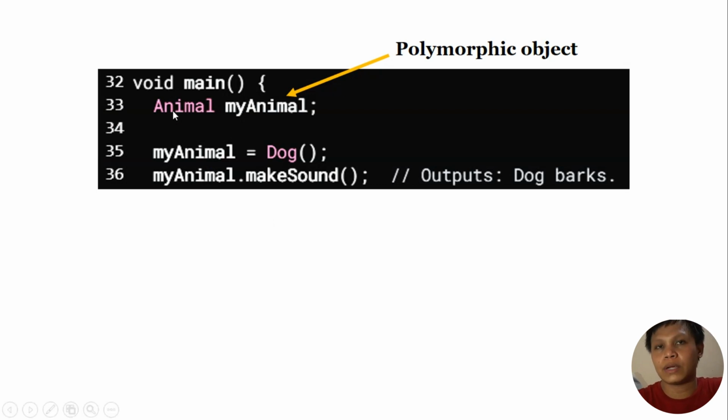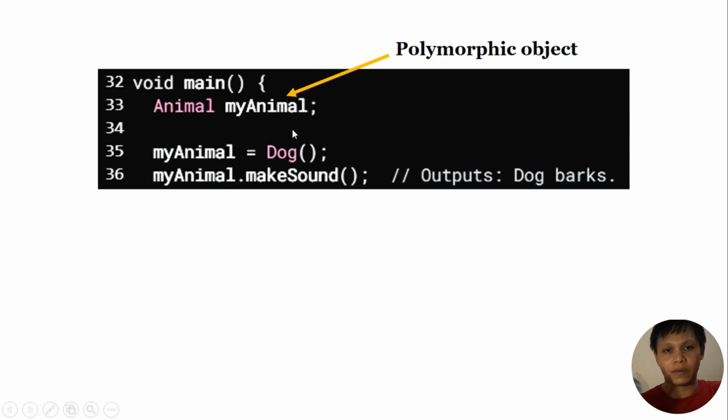Let's say in line 33, we have an animal, a polymorphic object. Technically, there's no object yet because we just defined an empty variable. But once we go to line 35, myAnimal is equal to Dog. So we are assigning the myAnimal variable an object from the Dog class, because we called the constructor.